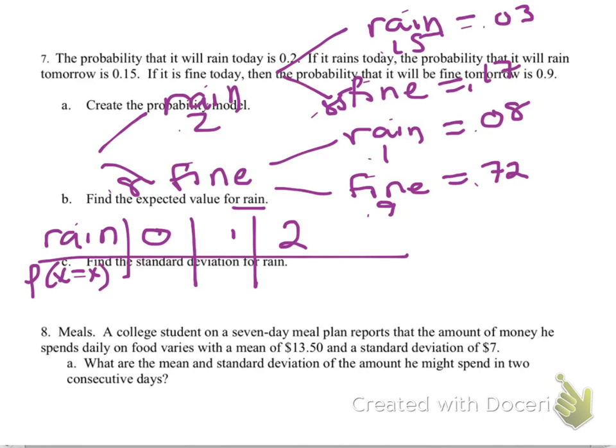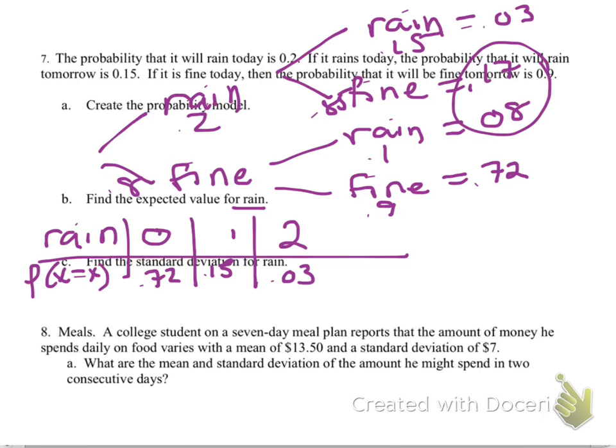No days of rain is fine and fine, which is 0.72. 2 days of rain is rain and rain, which is 0.03. And so one day of rain is rain and fine, or fine and rain, which is 0.15. So there's the probability model.